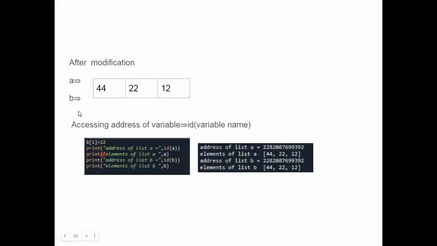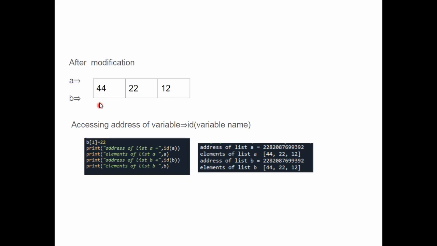So if you modify the element of B, it is going to automatically change the element of A also. Suppose the mother has changed her address; they started residing at some other house. Then automatically the father's address is also going to change. So here, if the element of B is changed, automatically the element of A is also going to be changed.